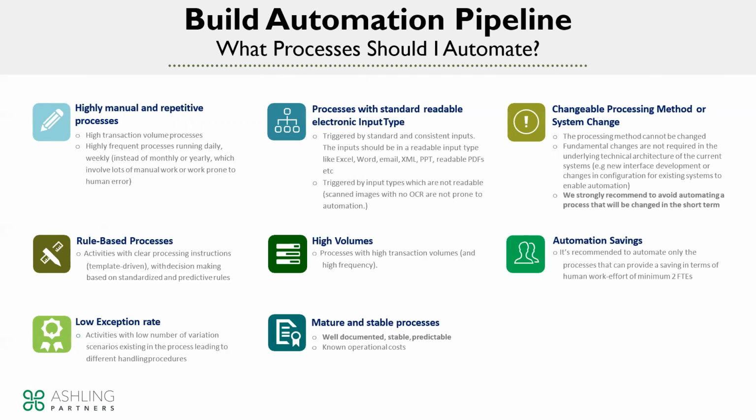Also things with low exception rates, very mature processes that you understand, and areas where you can clearly define what the automation savings is. These are all examples as you define what you should be doing for your department, how you measure that, and how automation can participate in that.